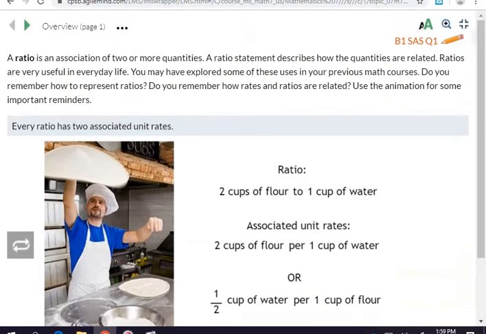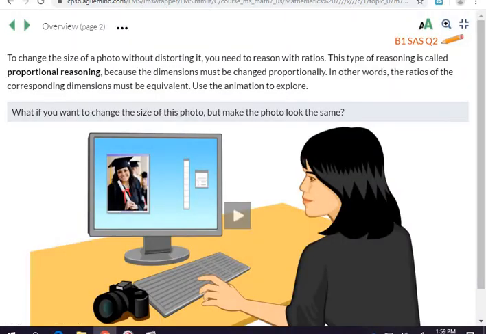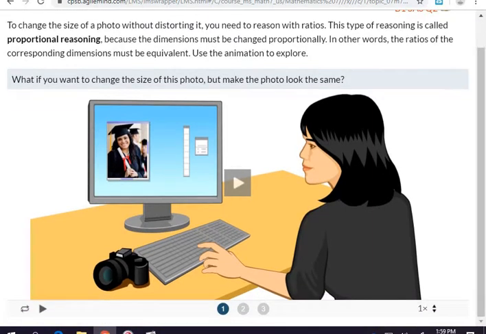We are going to go to page 2. Alright, so we have a chickadee here. Looks like she's going to do some work on her computer. And let's see what kind of work she's going to do on the computer.